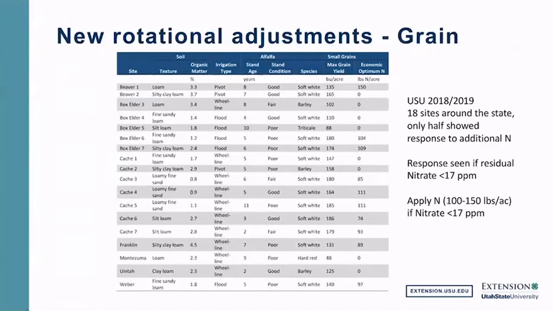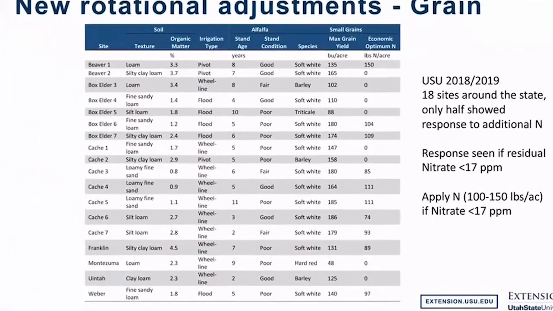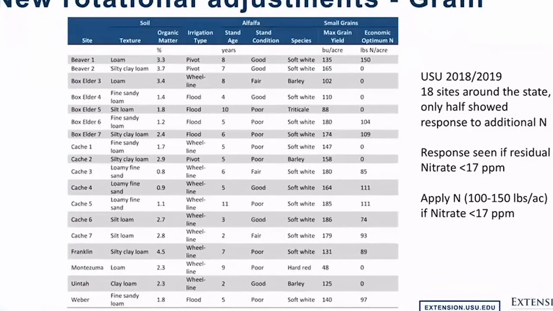Here you see a table from some recent work, Dr. Yost, Dr. Creech, myself, and others with our students, looking at the rotational adjustments to grain production following alfalfa. And this is 12 different or 18 different sites around the state in 2018 and 19.